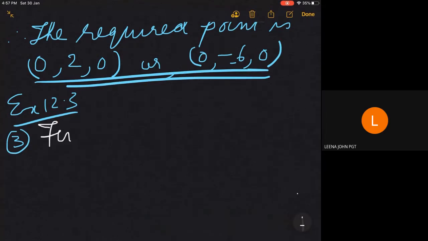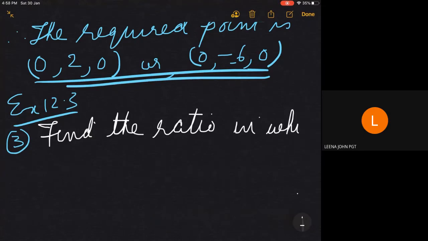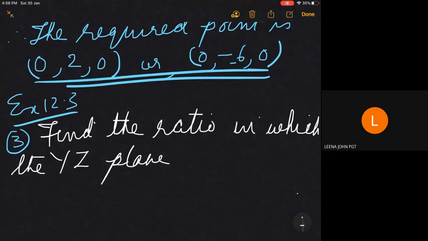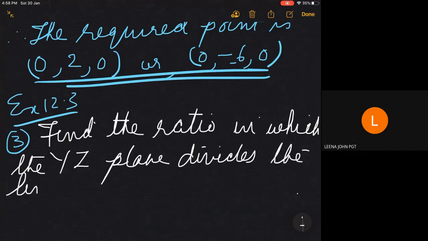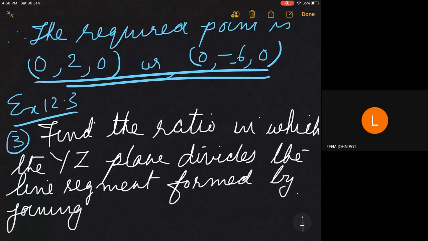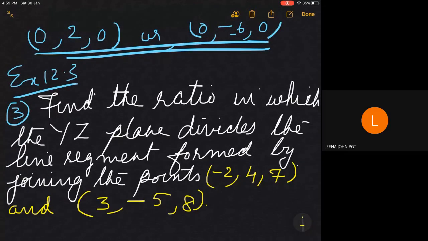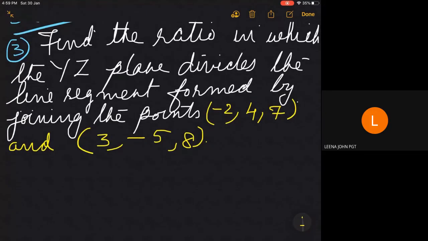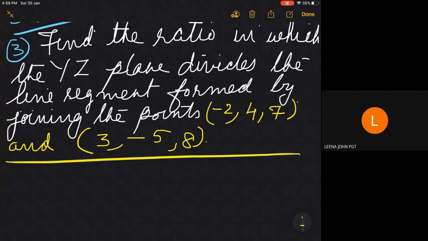Find the ratio in which the YZ plane divides the line segment formed by joining the points. So here is your YZ plane. You can just imagine this plane here.